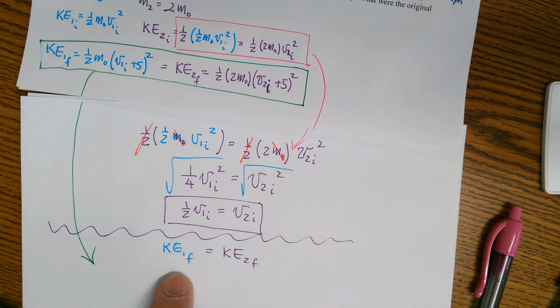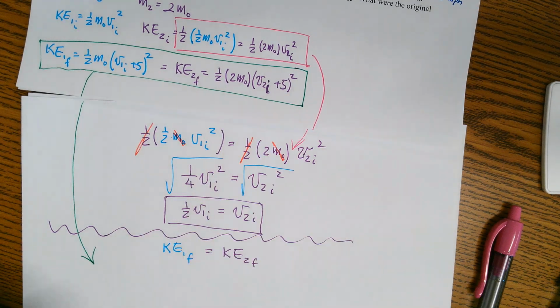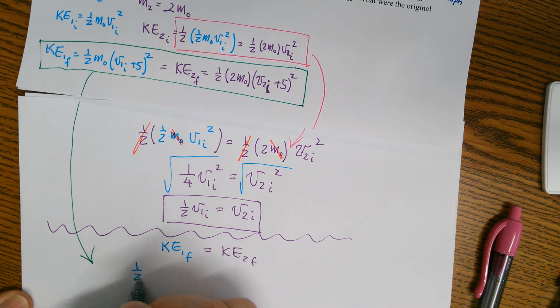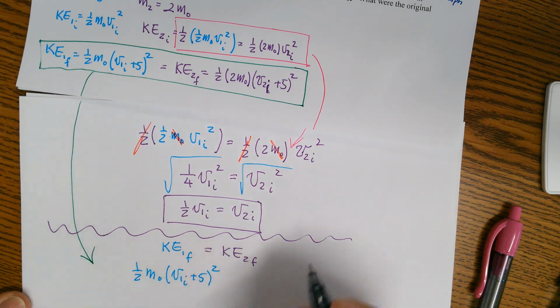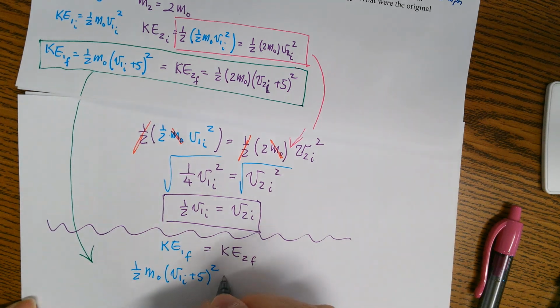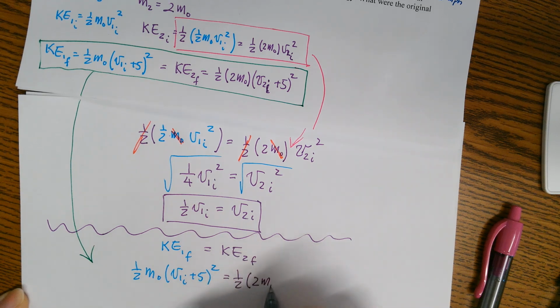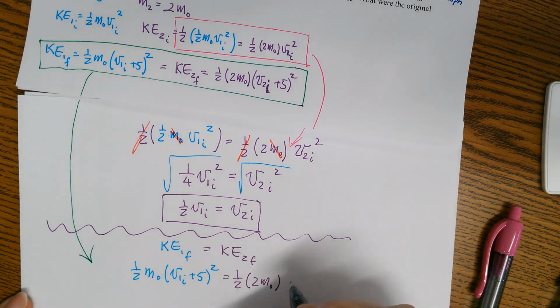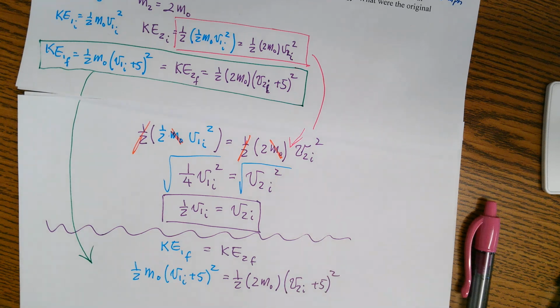So 1/2 MO times V1 initial plus 5 quantity squared is equal to 1/2 times 2MO times V2 initial plus 5 squared.